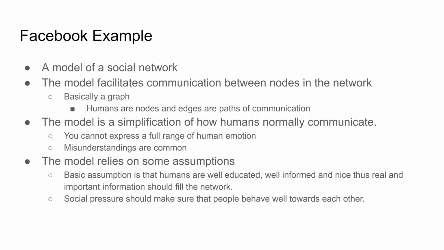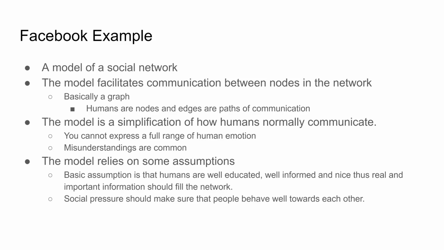The basic model of Facebook is a model of a social network. So the model facilitates communication between the nodes in this network, and basically you can think of this as a graph. The humans are the nodes and the edges are the paths of communication. So friends are connected to friends, and using these connections they can communicate and see what people are up to.